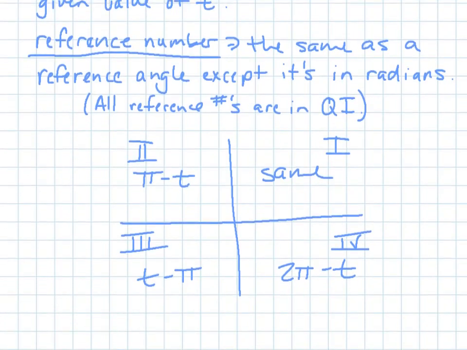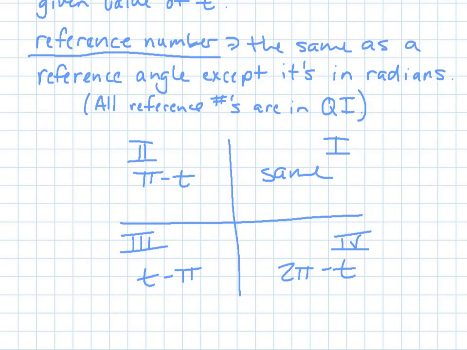Now remember that when we're finding reference angles, we had certain values that we subtracted to get into certain quadrants. In the first quadrant, we'd stay the same. Second quadrant is pi minus t, so it's like 180 minus t.